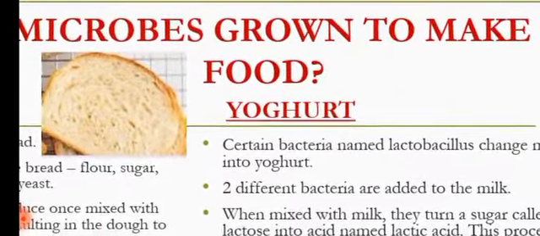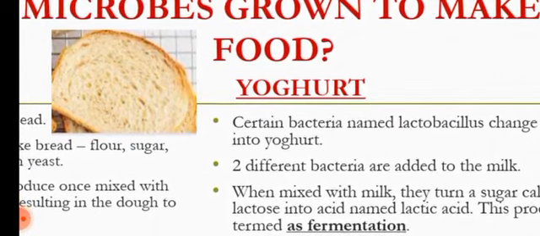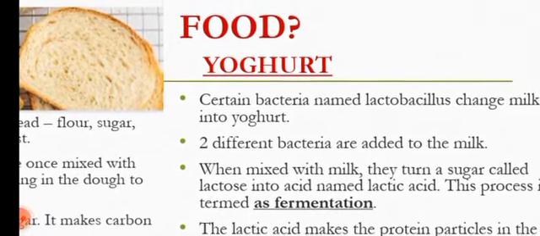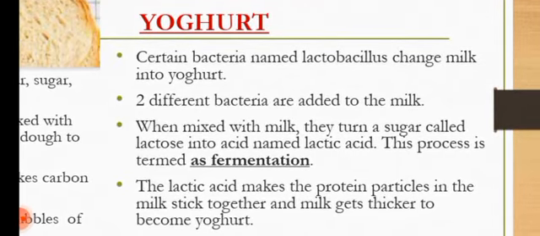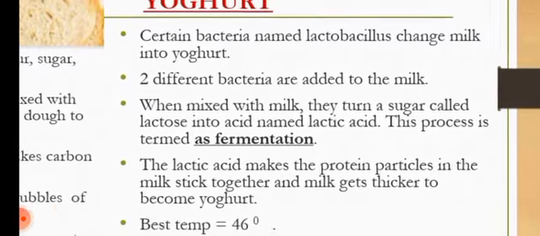Now we will have the second product, which is the yogurt. We will see how the yogurt is made. Certain bacteria named lactobacillus change milk into yogurt. Two different bacteria are added to the milk.